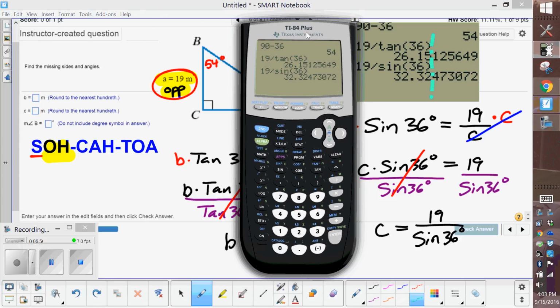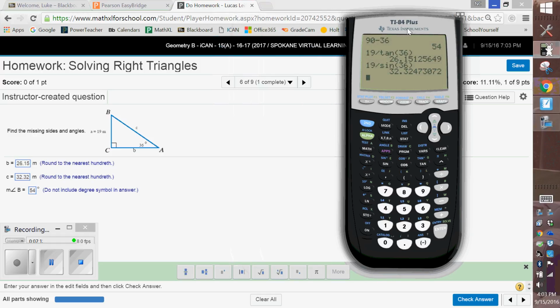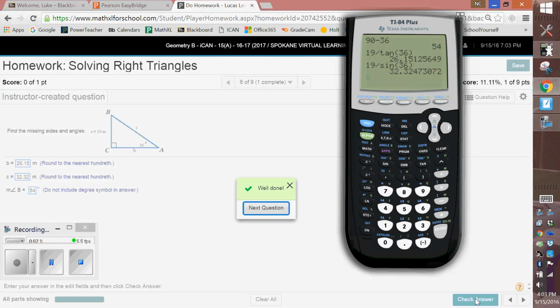Okay, so I'm going to go to this screen and make sure I typed in my answers correctly. B is 26.15, looks good. C is 32.32, looks good. We already found the measure of angle B as 54. And then I'll come down here and check my answer, and looks good.